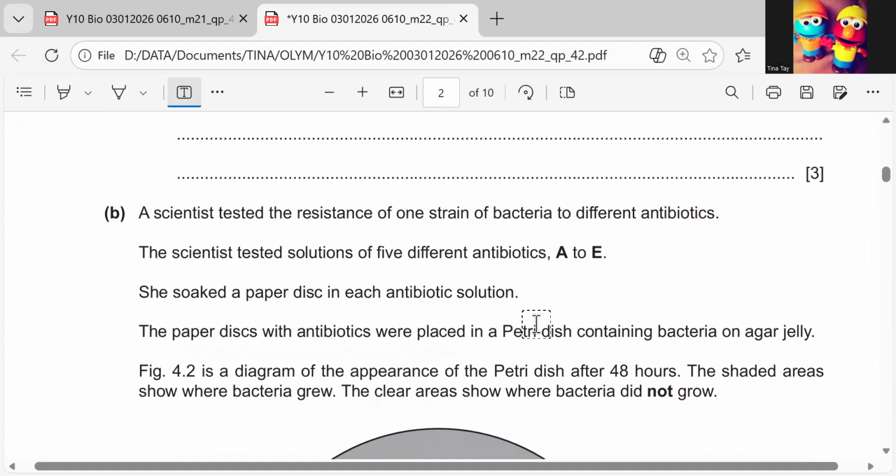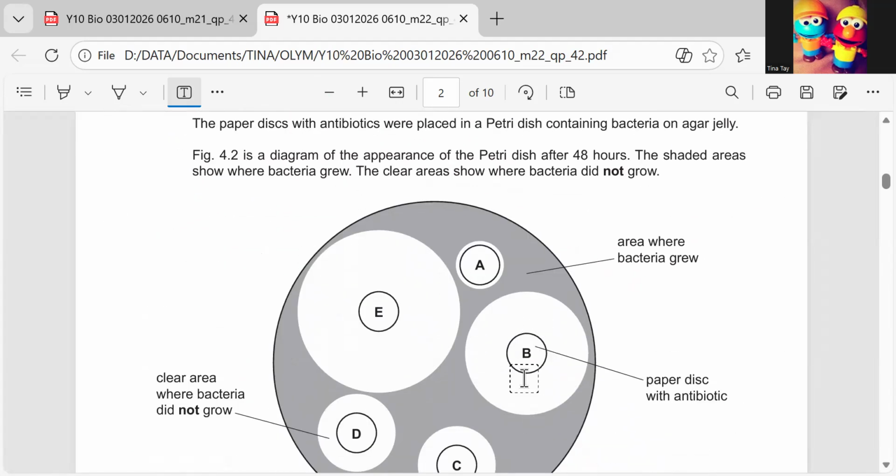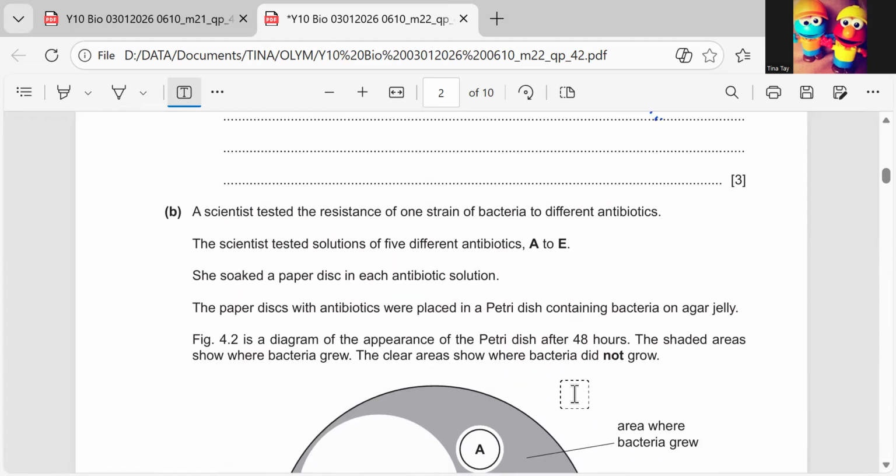Okay, this one is a bit more about antibiotics. Read the question first. If not, you won't understand what we're talking about.